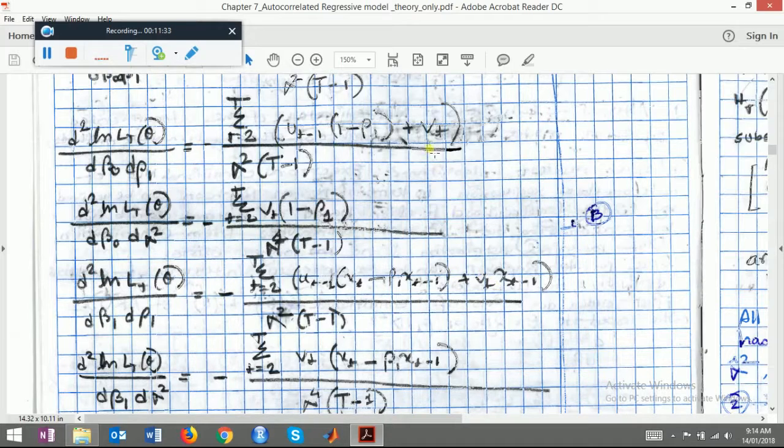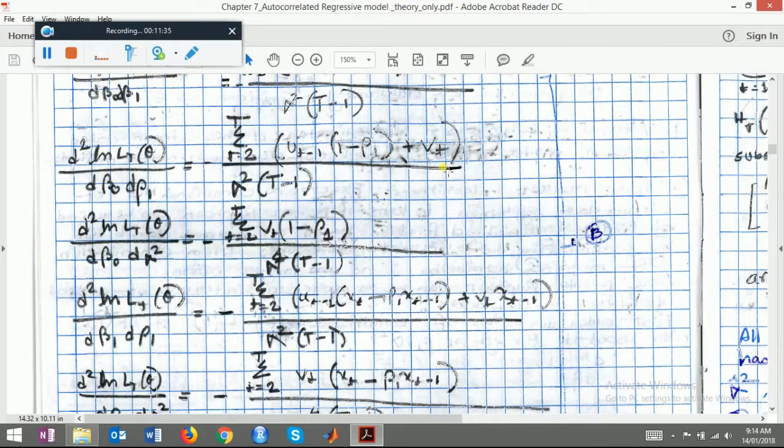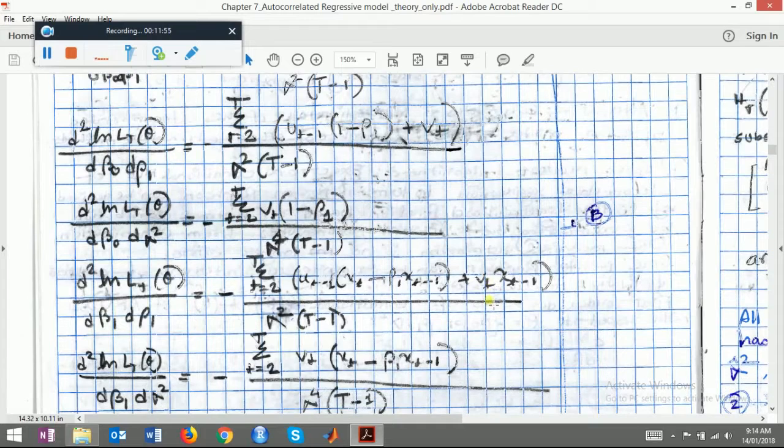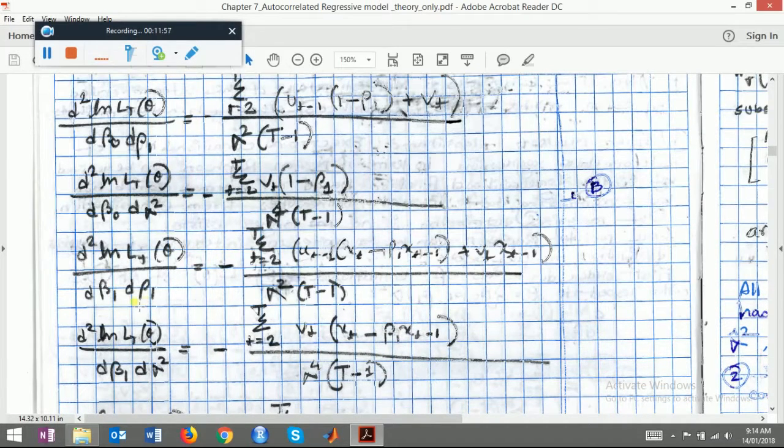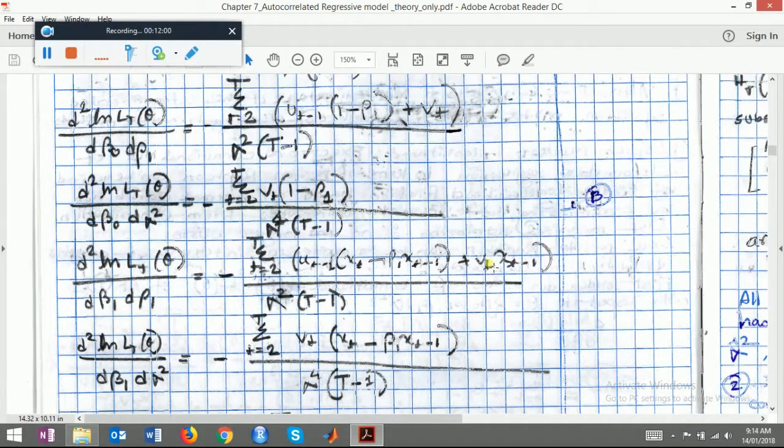Because in the second term, what we had here is Vt Ut minus 1, but in the second term, for beta naught Vt, for beta 1 Vt xt minus 1, you see, because there's an additional effect of lag in beta 1, which is the coefficient of the exogenous variable or the independent variable, so that portion comes in.